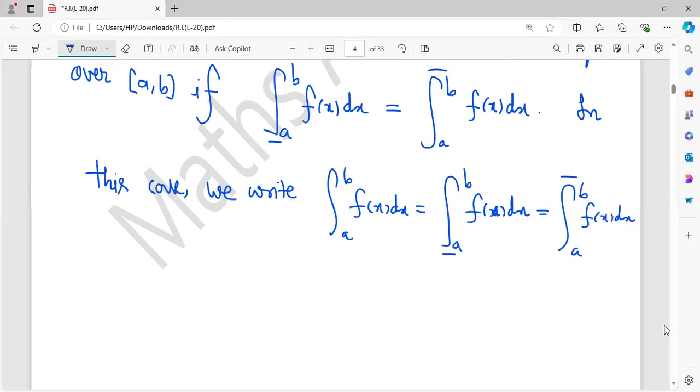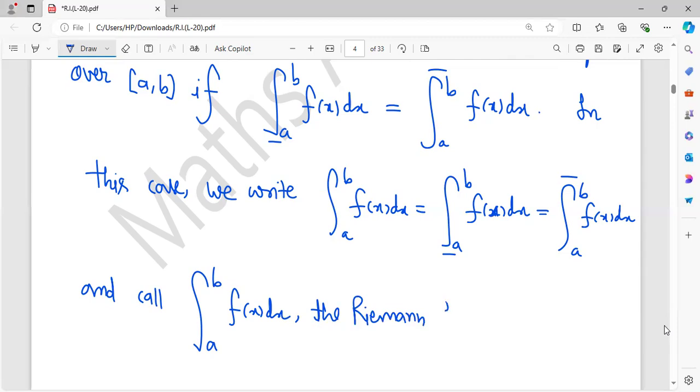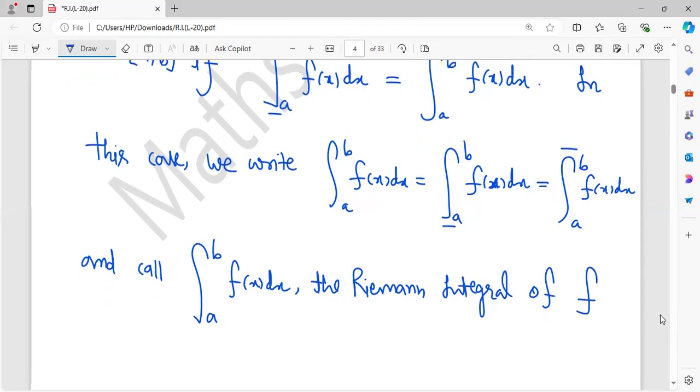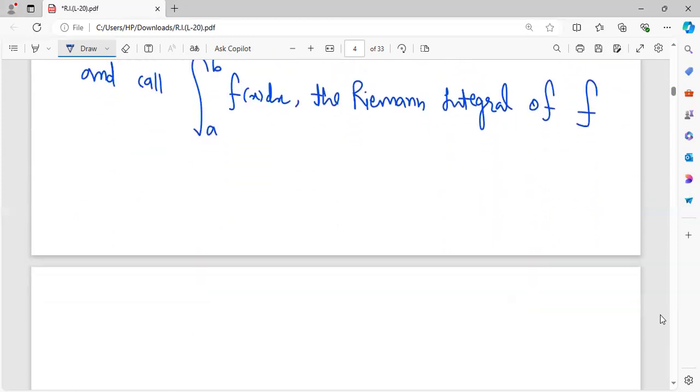And we call the integral from a to b of f the Riemann integral of f over the closed interval [a, b].